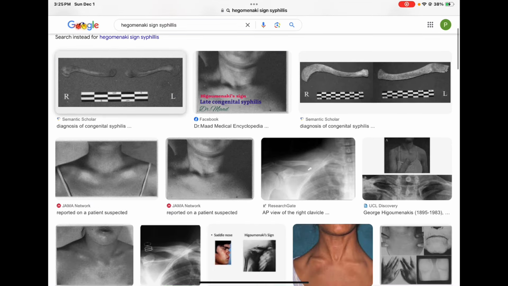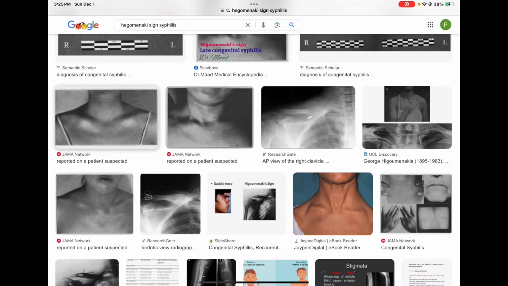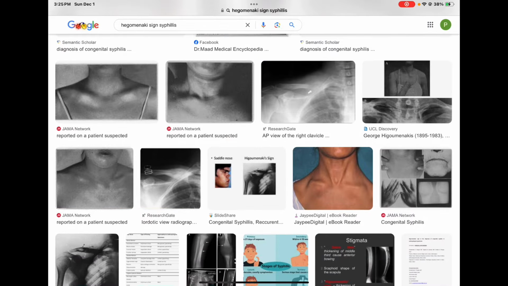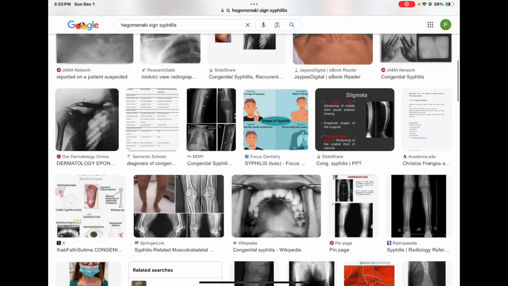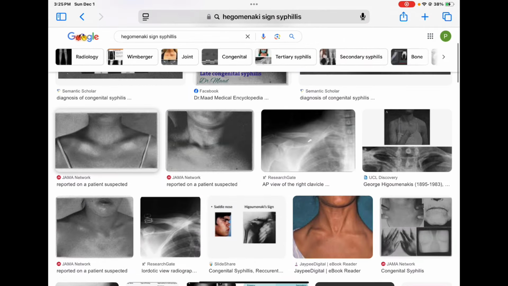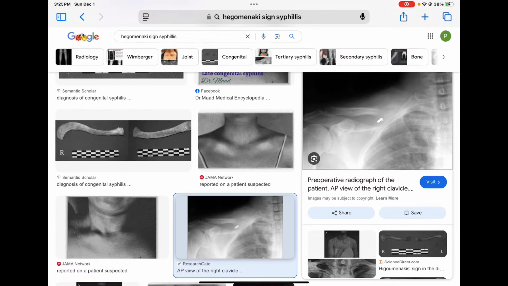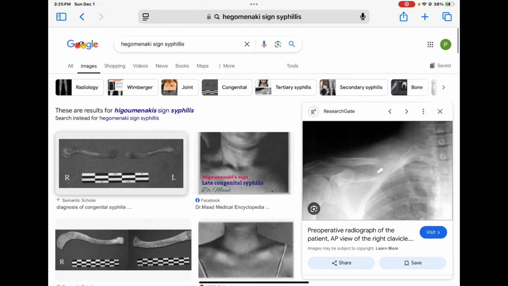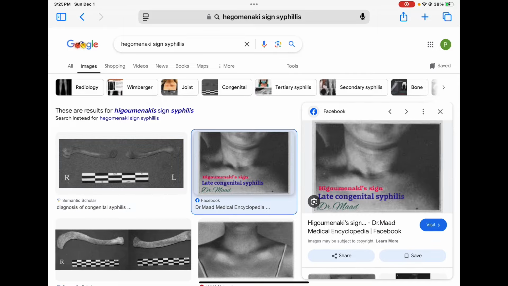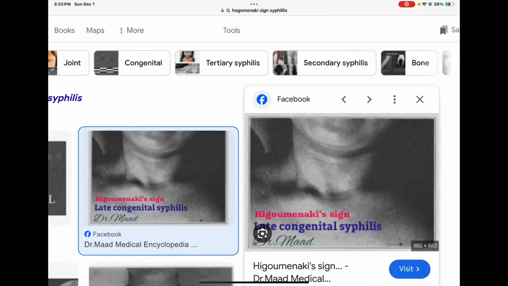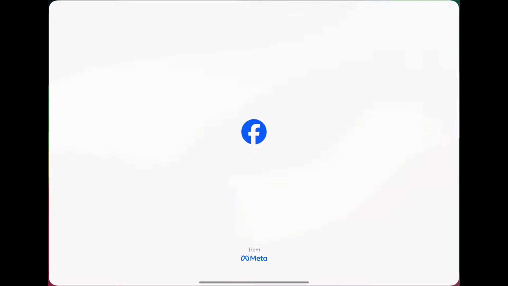On one sternal end of the clavicle, you have the sign. The example is shown here. Late congenital syphilis, Higoumenakis sign.